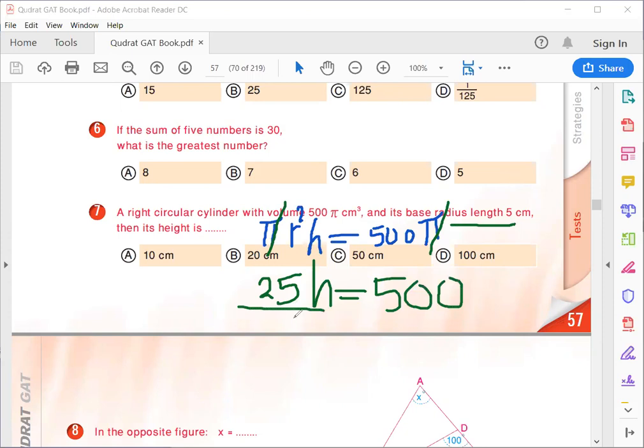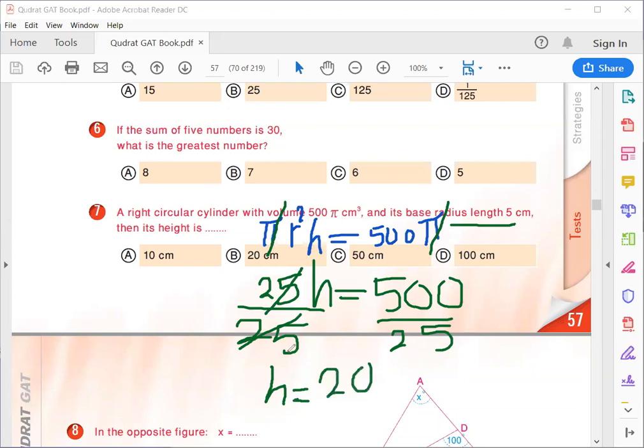Then I divide both sides by 25, because he wants the height. 500 divided by 25, so the height is 20.